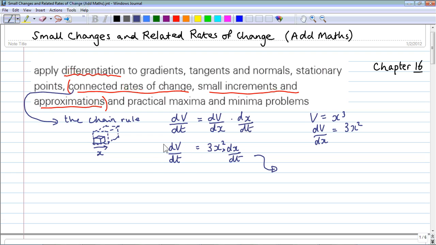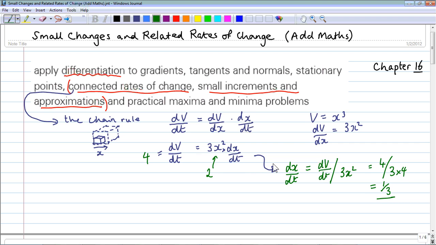If you already knew the rate of change of volume, suppose that was 4 cubic units per second, and you knew that it was 4 when x was 2, then you could write dx by dt is equal to dv by dt divided by 3x squared, which is 4 divided by 3 times 4, which is 1 over 3.